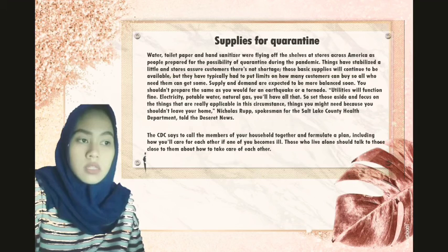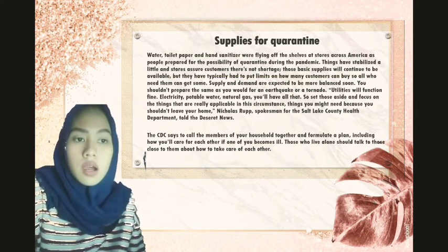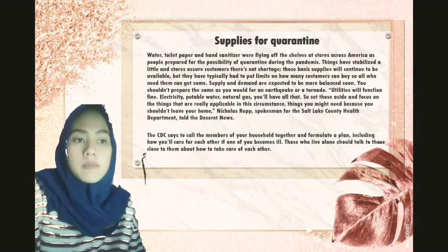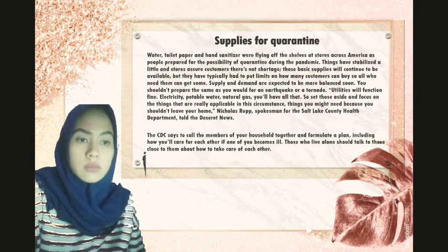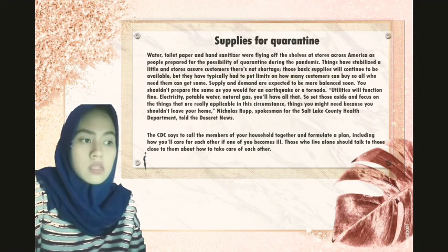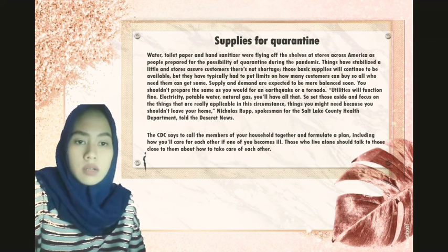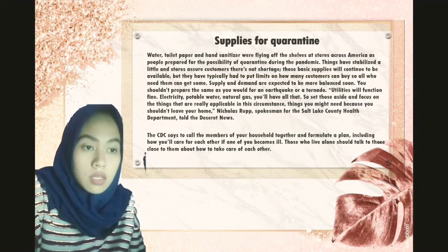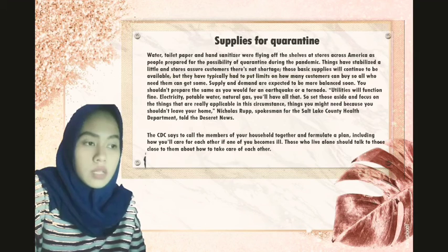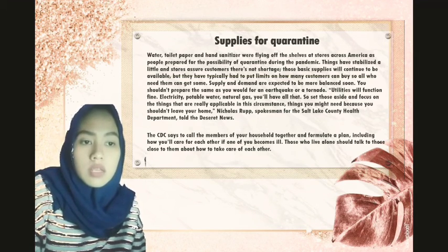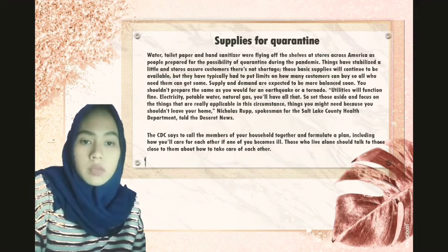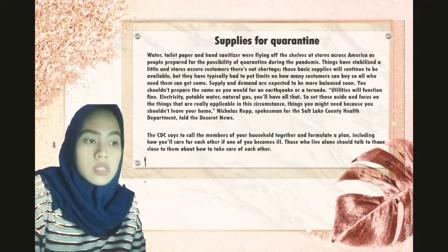So set those aside and focus on the things that are really applicable in this circumstance, things you might need because you shouldn't leave your home, Nicholas Rupp, spokesman from the Salt Lake County Health Department, told the Deseret News.